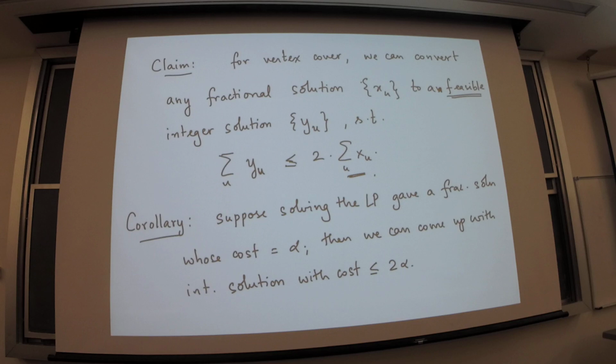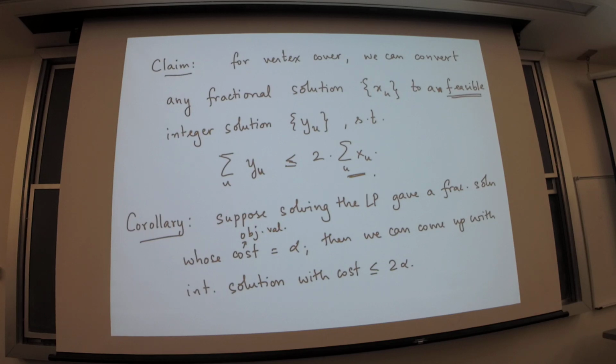By cost, I mean the objective value. Okay. So, right, what you're asking is what if this wasn't the minimum? Right, doesn't matter because it will only be bigger than that.